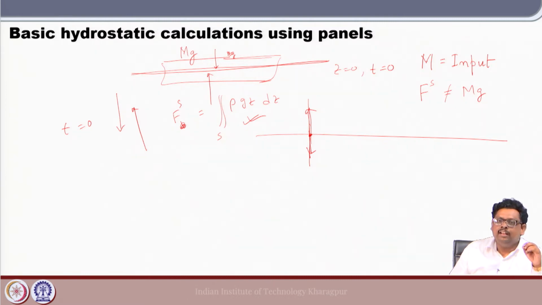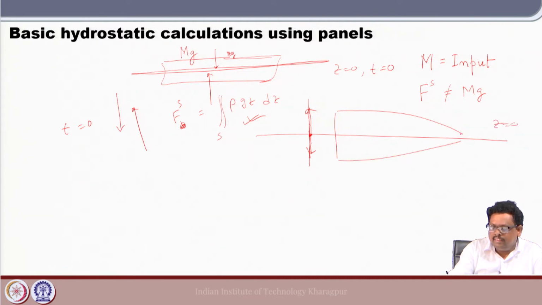Now, there are many ways you can do this hydrostatic calculation, such as the so-called conventional method. For example, you have the top at z equal to 0, you get this water plane, and you can integrate to get the water plane area.